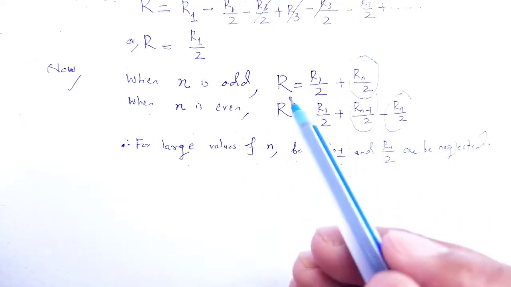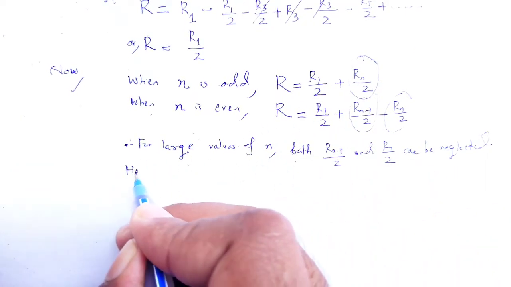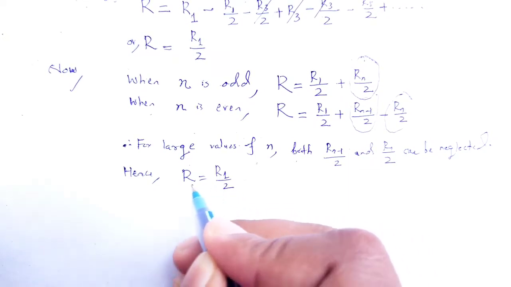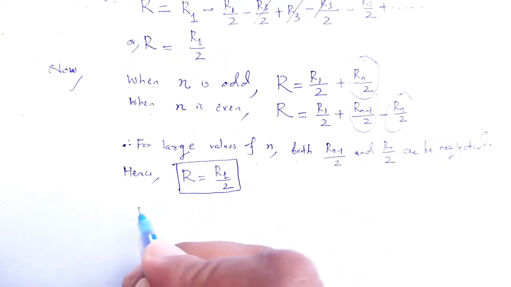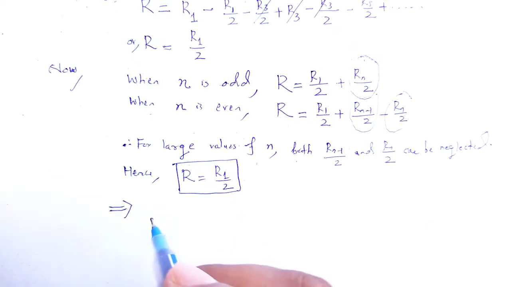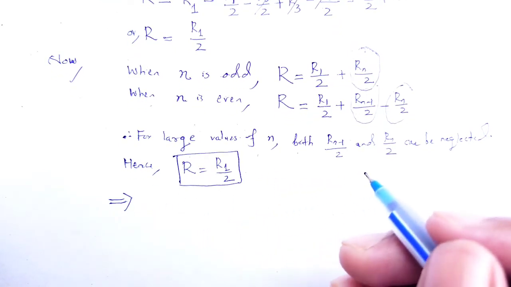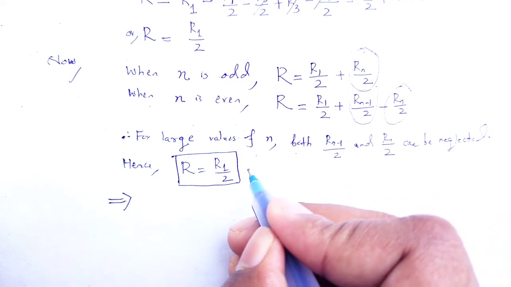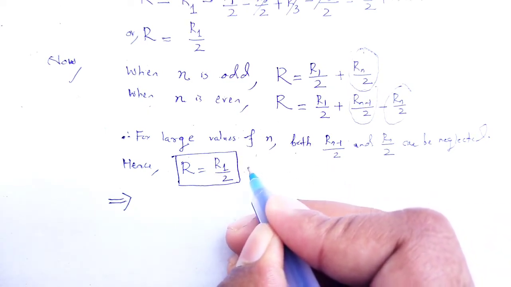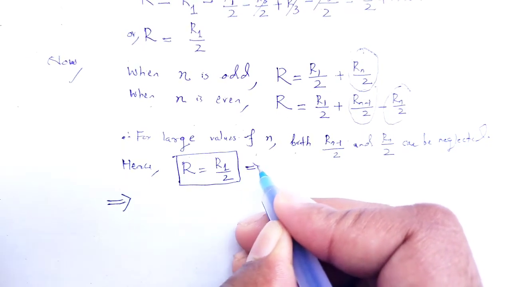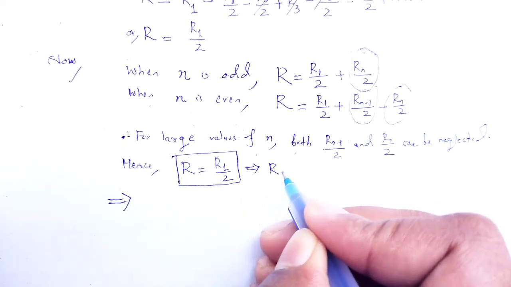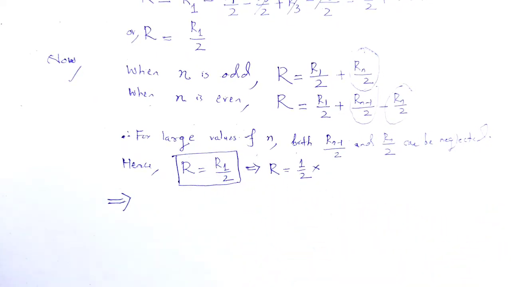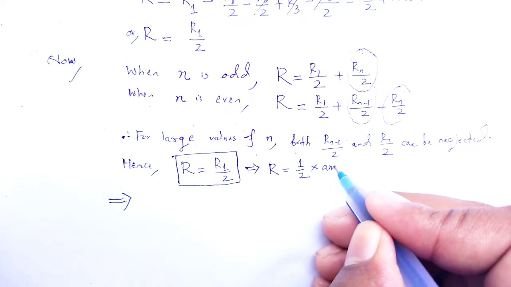Hence, R is equal to R1 by 2, which is R equal to half into R1, that is the amplitude of the first half period zone.